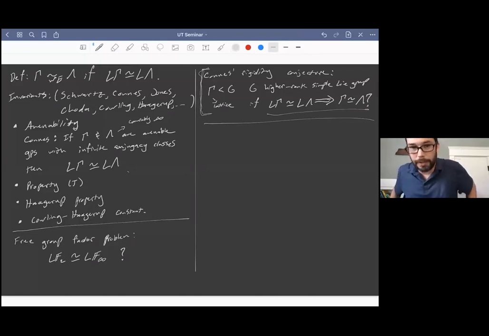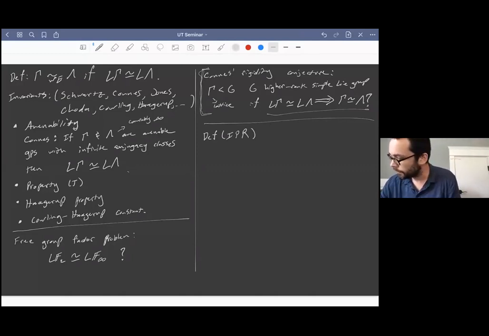So now I want to introduce a third notion of equivalence, and this is the new notion in the title of the talk. So this is a definition. This is due to Ishan, myself, and Lauren Ruth. And it's as follows.